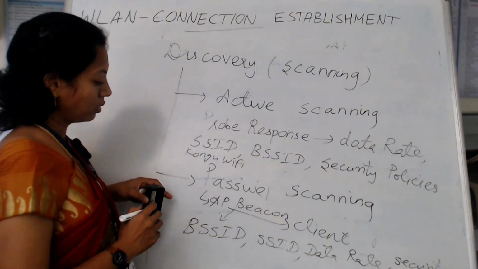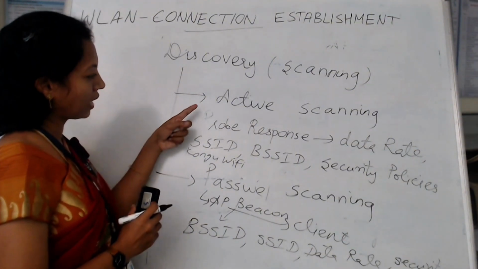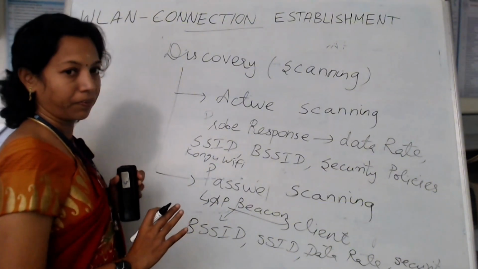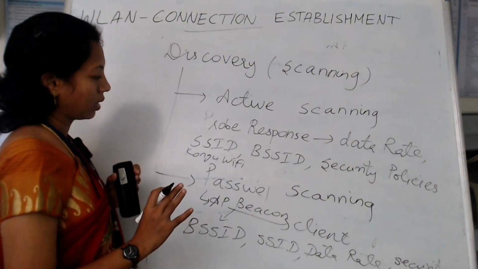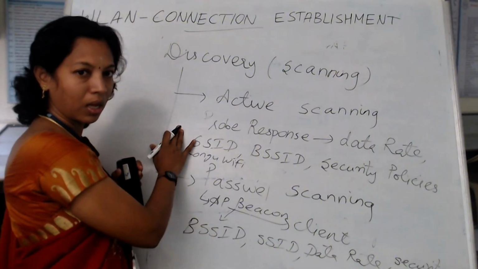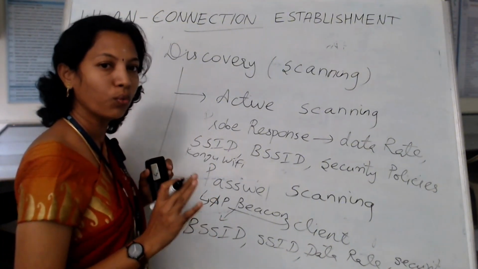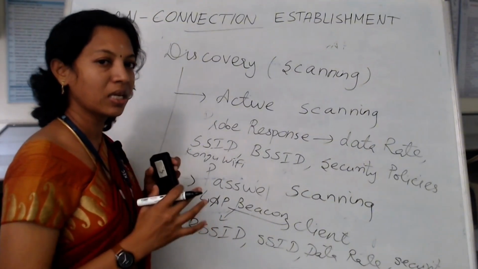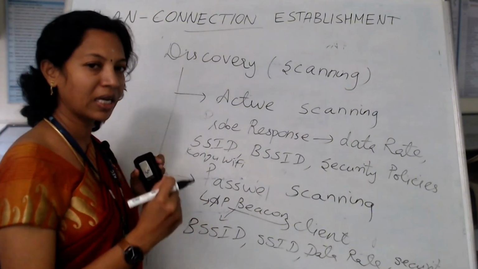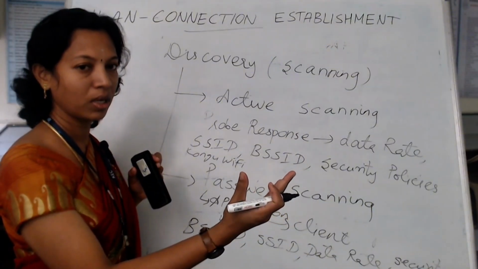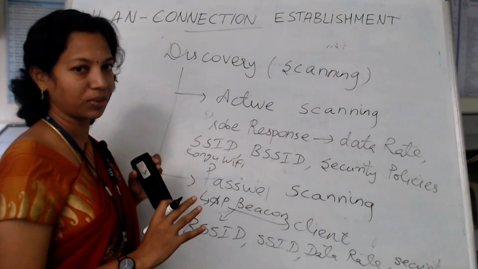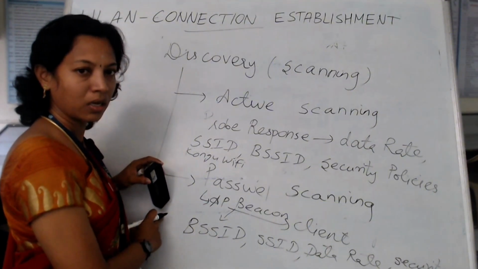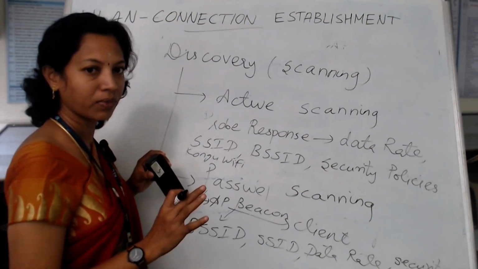The main difference between active scanning and passive scanning is the waiting time. In active scanning, the client need not wait for the discovery of available APs. Once required, it can send a probe request to the access point and then get the information. Whereas in passive scanning, the scenario is not like that.